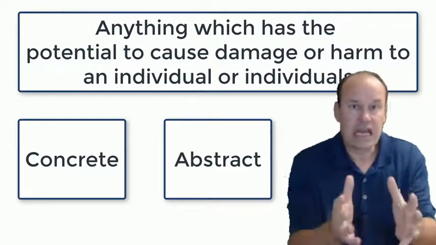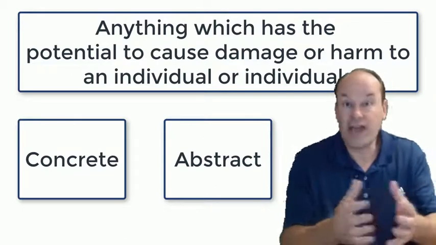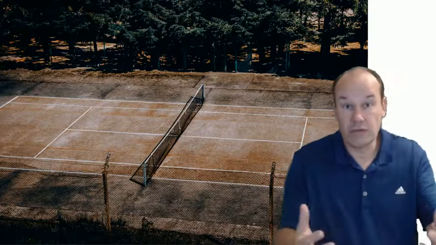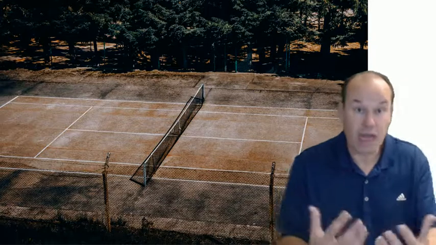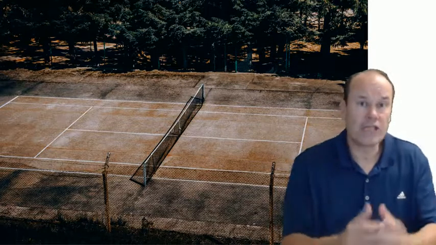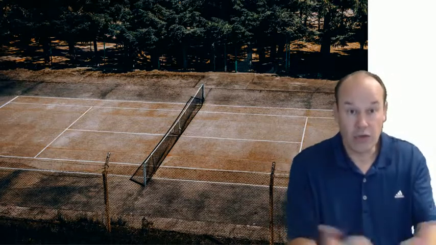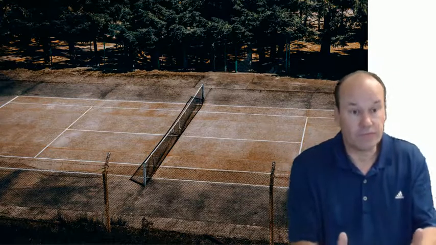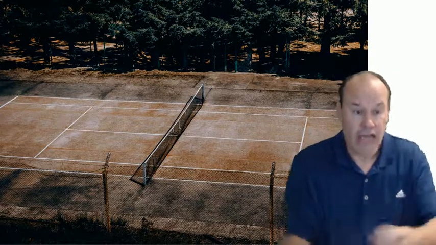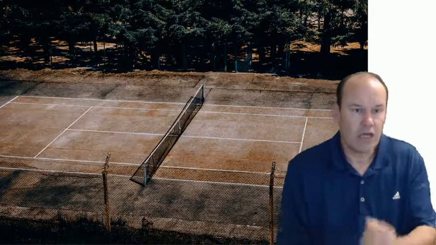So let's take the example of a fairly old tennis court in the local park. It's an open area. What sort of things could cause hazards to the players who are thinking about playing tennis on that court? Well, for example, the outer fence could be damaged, it could be broken, there could be bits sticking up and pointing out, and that could cause potential injuries, and we'll come to the difference in a moment. So those are hazards.